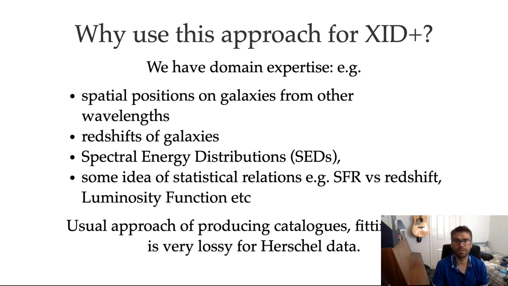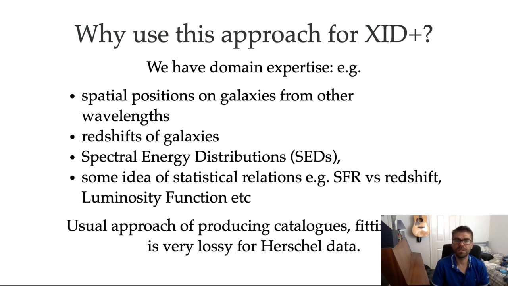We do have spatial positions of galaxies from other wavelengths observed in either the optical, the infrared or radio. For a lot of those galaxies we have more information, such as the redshift coming from photometric redshifts. We also have some idea of the functional relationship between wavelength and flux for galaxies, something we call spectral energy distributions.